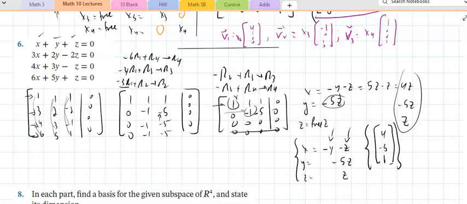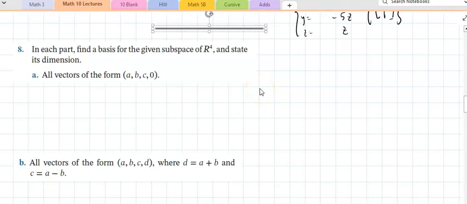So here the dimension of the solution space would be pretty much 1.